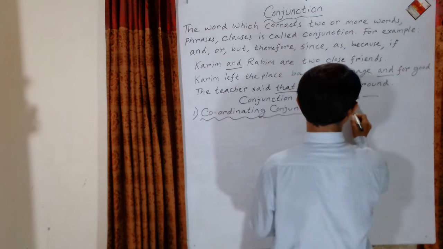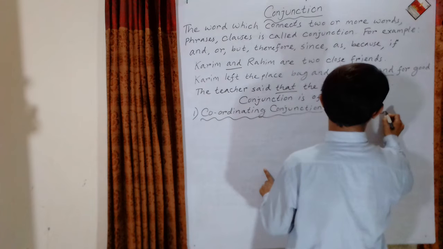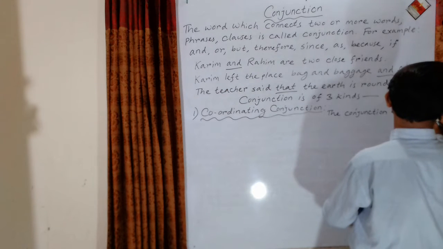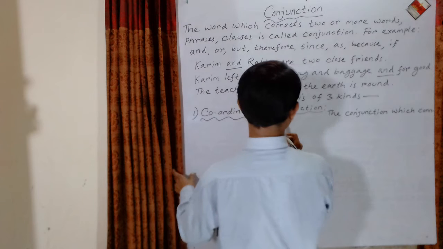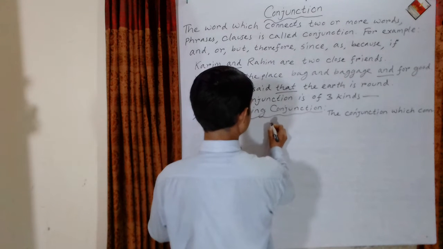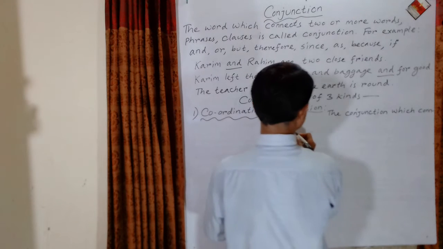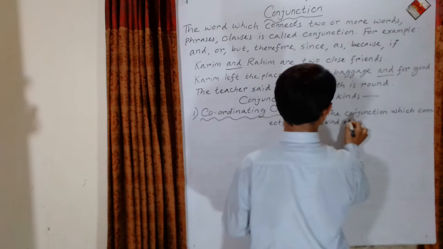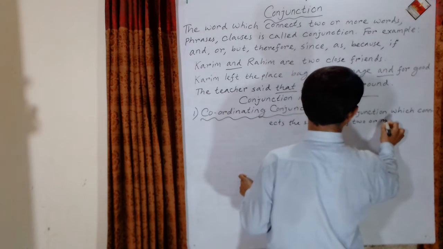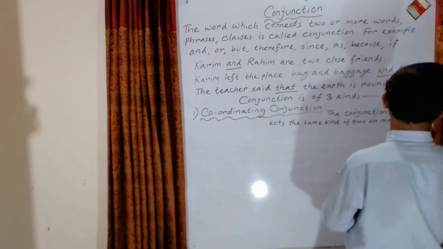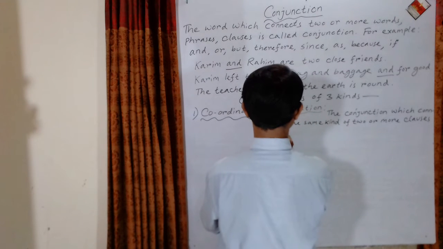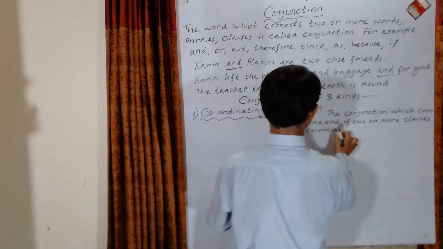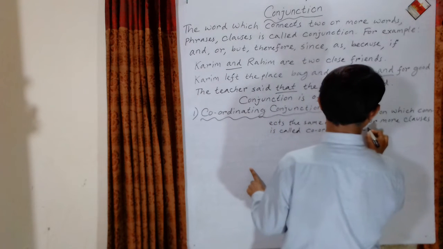The conjunction which connects the same kind of two or more clauses is called coordinating conjunction.